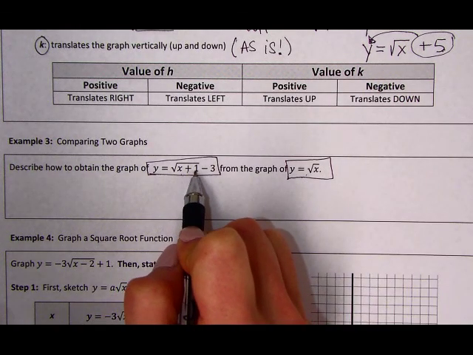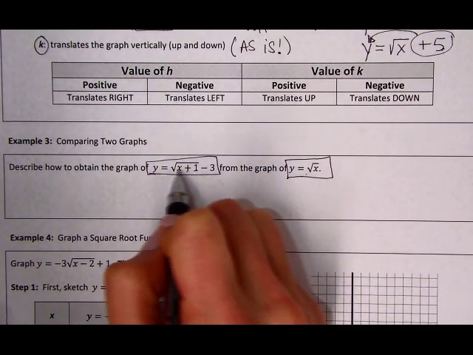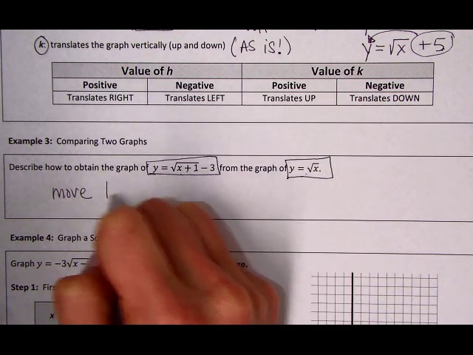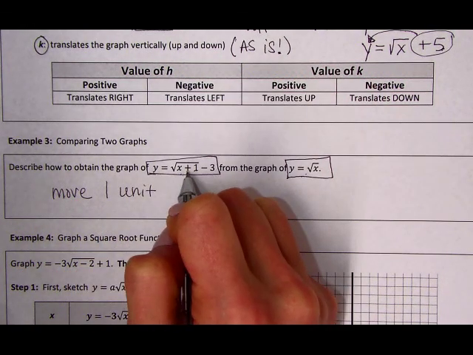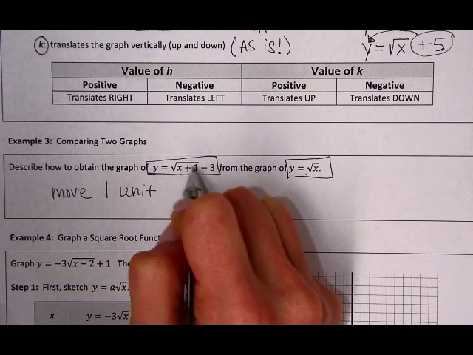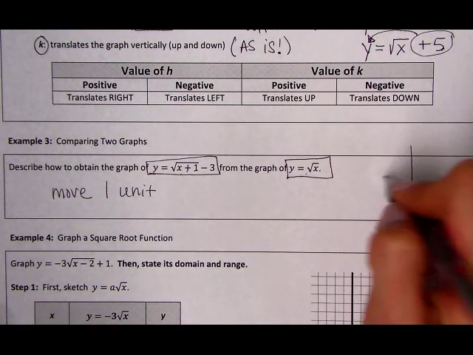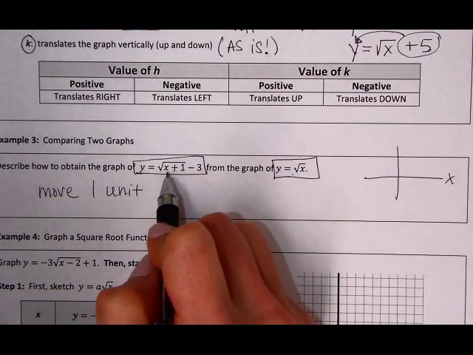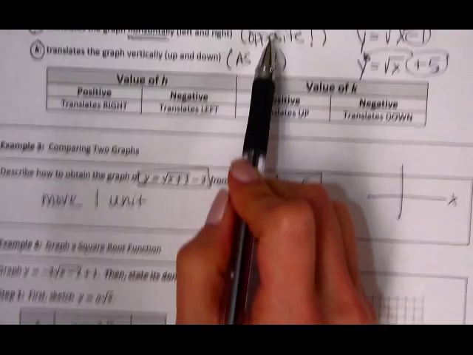So since I'm +1, I know my graph right off the bat is going to move 1 unit. We would think it would be to the right because it's positive x and positive x-axis, right? Positive x means you're moving to the right, but it's always opposite. Remember, it's opposite.